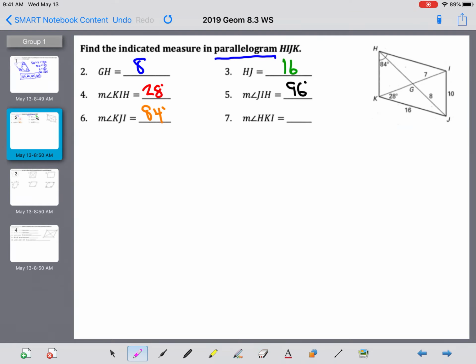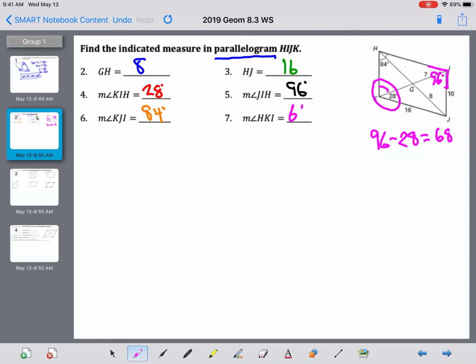So angle HKI, this angle here, is going to be, remember this angle came up to be 96, minus the 28 is going to equal 68 degrees. 68 degrees, because we knew this angle was 96 from earlier.